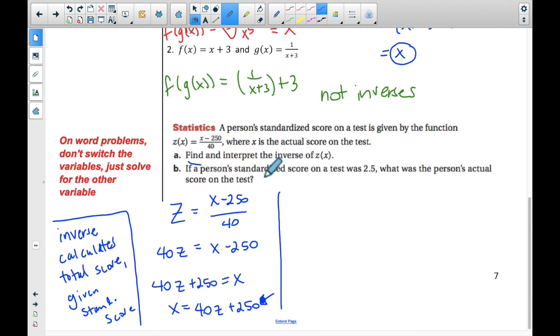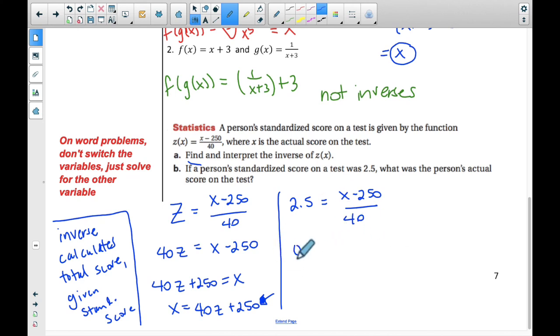The second part of this question says, if a person's standardized score on a test was 2.5, what was the person's actual score on the test? So this is what I'm saying, like you get your score back. What does that mean? So you could use either one of these equations. If you wanted to use this top equation, you certainly could do that. To do that, you would put your 2.5 over here, and then you would solve.